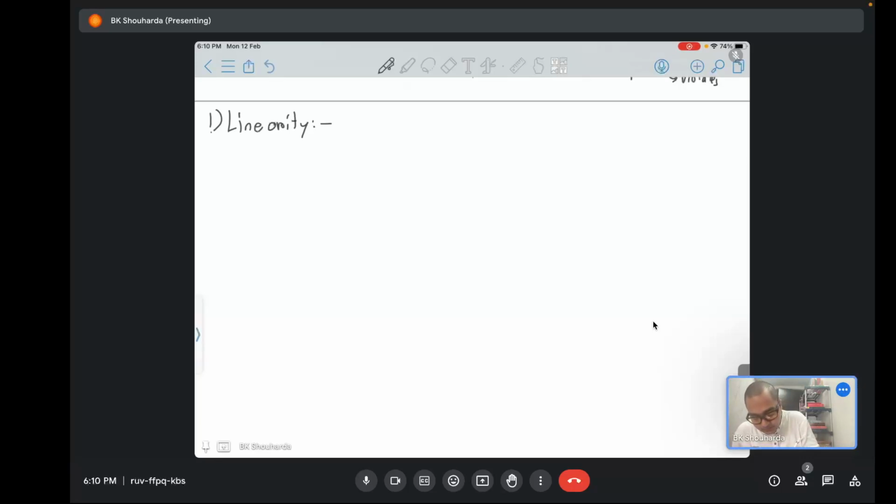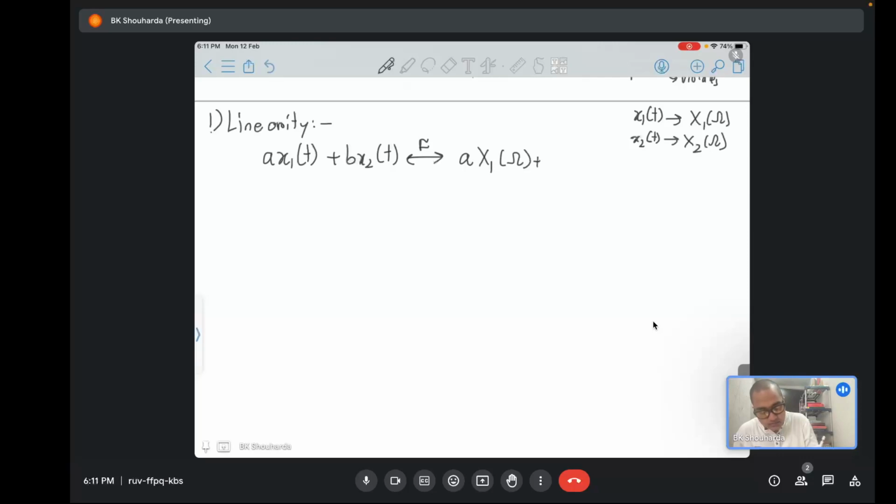It suggests that if we have a signal a x1 of t plus b x2 of t, well, let's say x1 of t has a Fourier transform x1 of omega, x2 of t has a Fourier transform x2 of omega, then the linear combination has a Fourier transform a x1 of omega plus b x2 of omega.